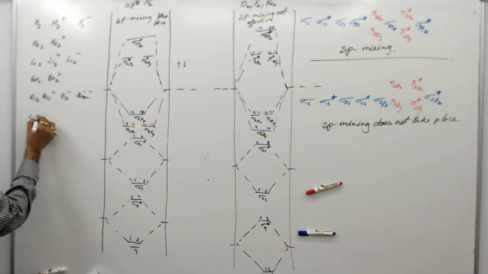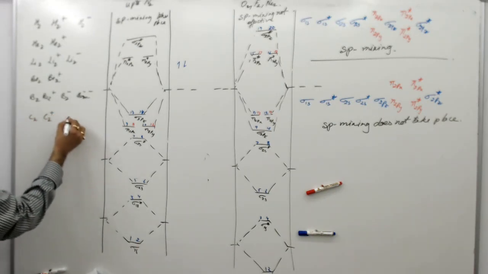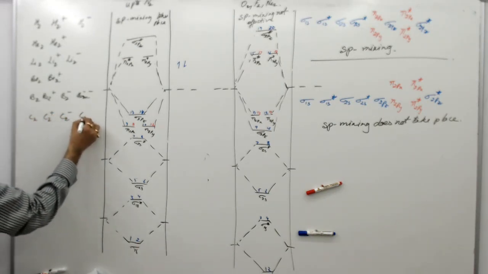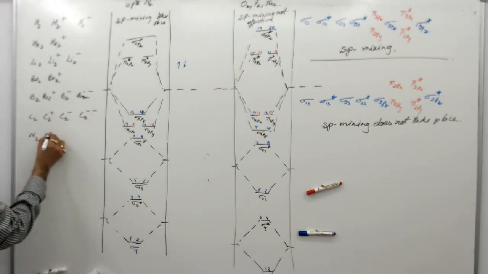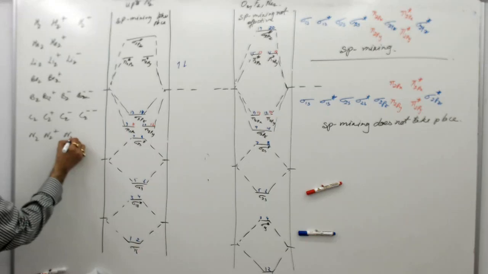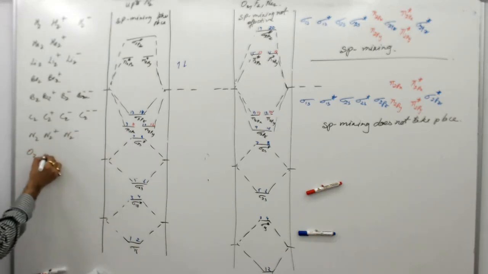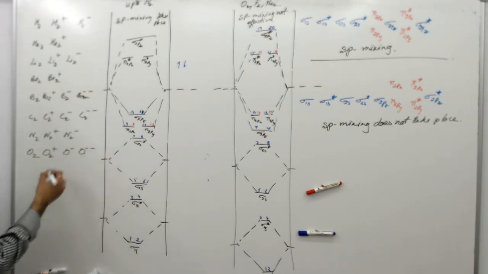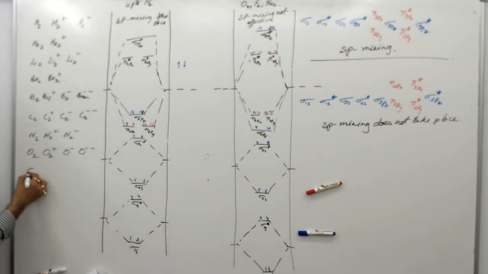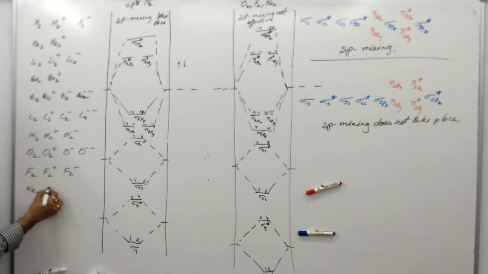We have C2, C2 plus, C2 minus, C2 minus minus. N2, N2 plus, N2 minus, O2, O2 plus, O2 minus, O2 minus minus. F2, F2 plus, F2 minus, Ne2, Ne2 plus.